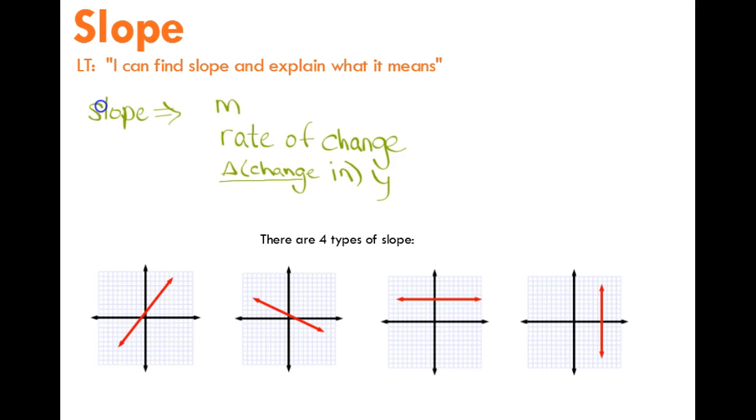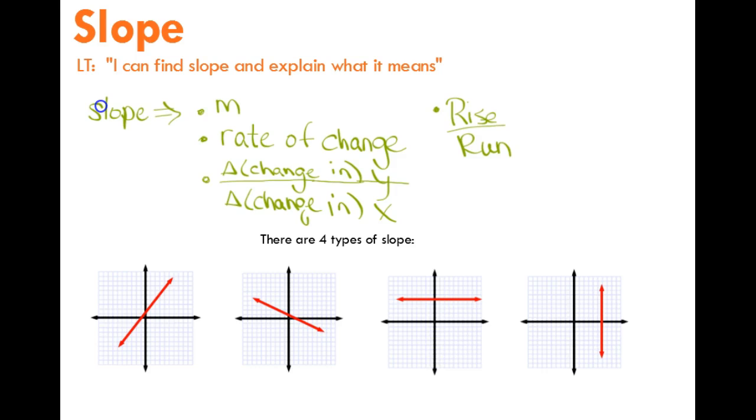So change in y over change in x. And then we have the one that we'll talk about a little bit more today, which is rise over run. So it's a very simplified way of saying change in y over change in x.